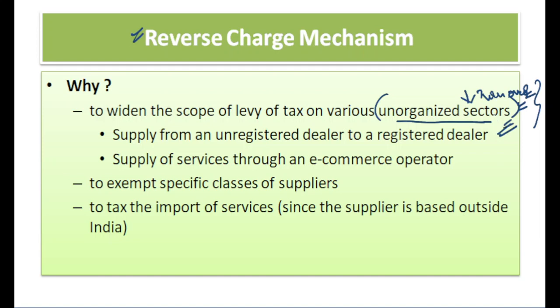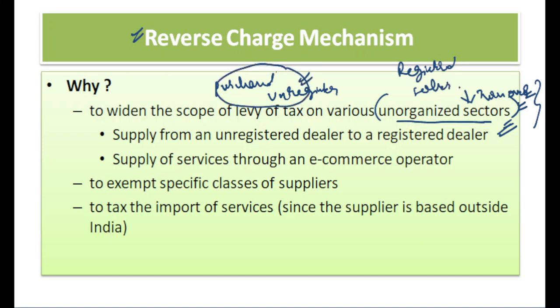But in the GST, there is a provision there. When you purchase from an unregistered seller and you are a registered seller, at that time, because the unregistered seller is not registered with the government under the GST Act, you are registered as a seller under the GST.